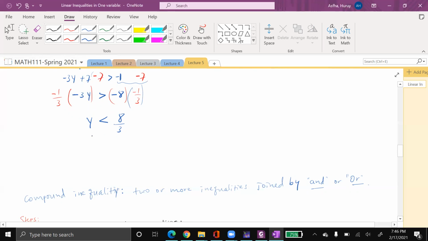Now, we found the solution set, but I have to write this one in some form. What does this mean? So let's draw a number line, because the number line is always the best way to visualize the solution set of an inequality or linear inequality.